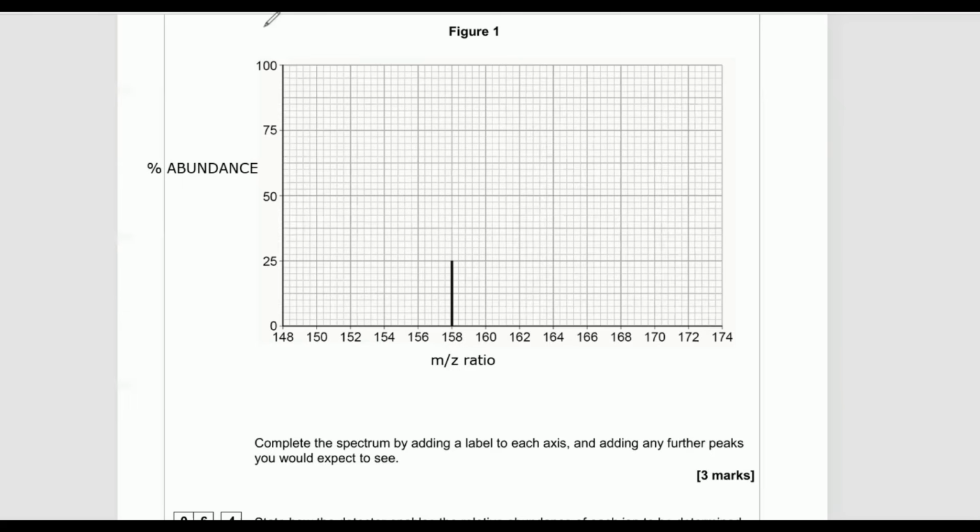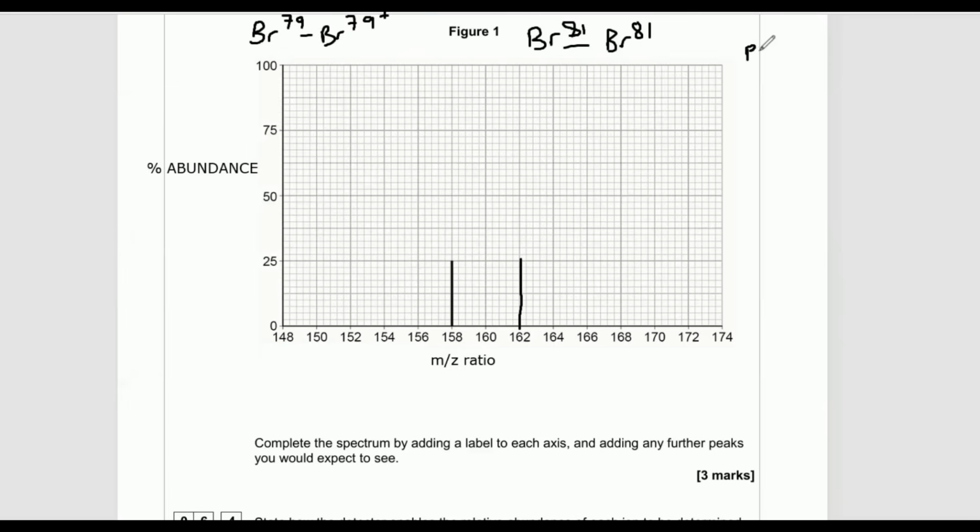Right, let's see. You could have bromine 79 bond up with bromine 79, and then they could lose an electron. So they would have a total mass of 158. Hence, this bar, 25% of all bromine exists as bromine 79, bromine 79. Then we could have bromine 81 and bromine 81, so 25% of all bromine is going to exist as bromine 81 and 81.